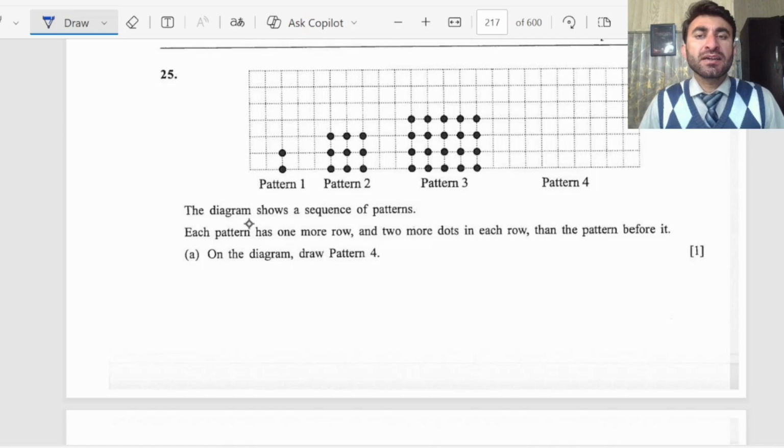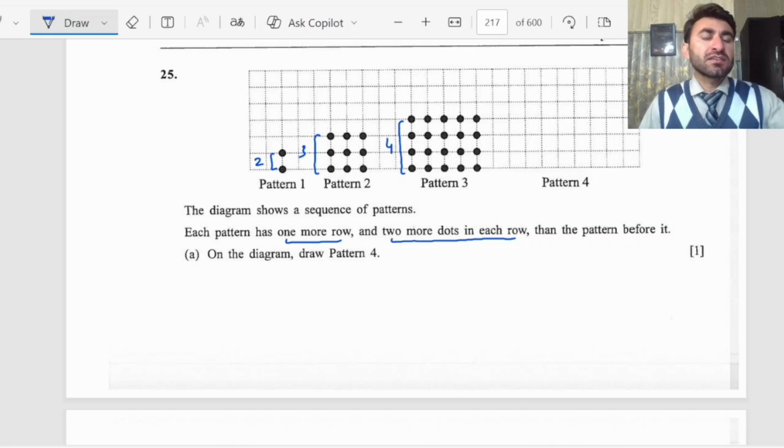It's stated the diagram shows a sequence of patterns. Each pattern has one more row and two more dots in each row than the pattern before it. In pattern 1, we can see there are two rows, and in pattern 2, there are three rows, while in pattern number 3, there are four rows.